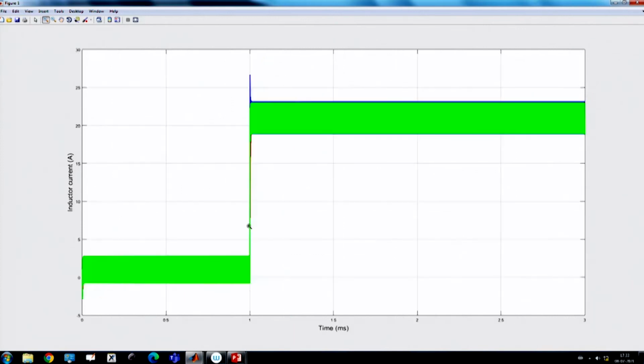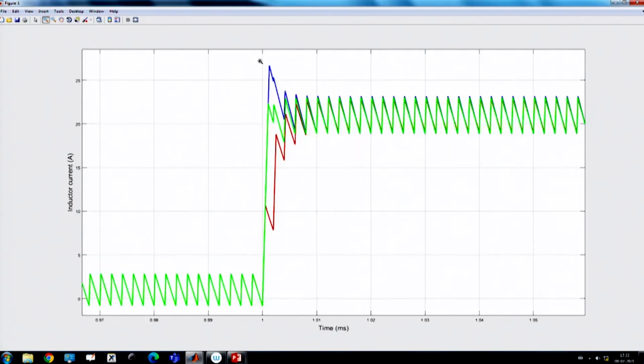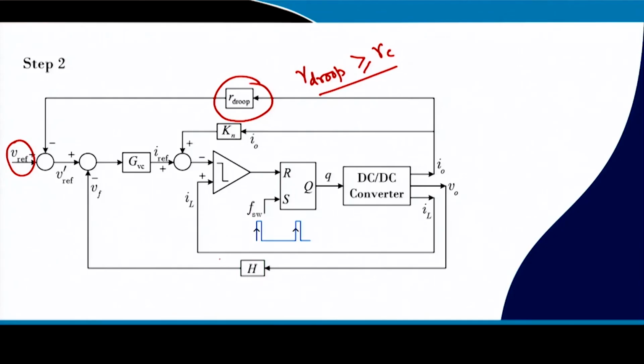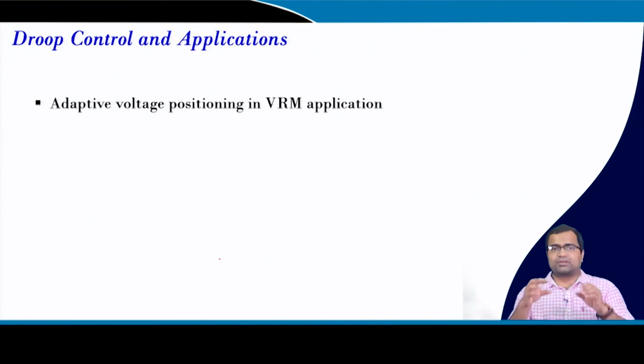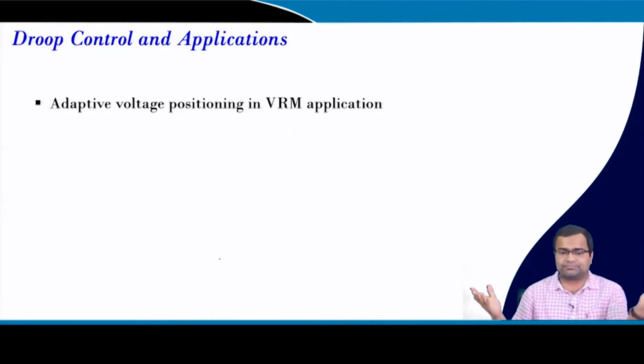So, this characteristic in the context of power converters is known as adaptive voltage positioning. This is particularly used when you are talking about low voltage high current applications, when the current can be even tens or hundreds of amperes. Okay.